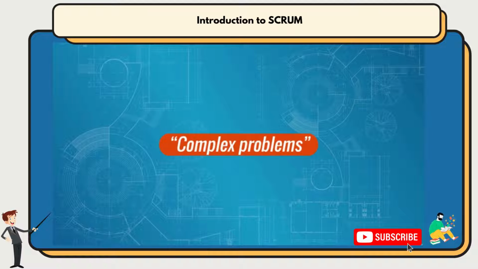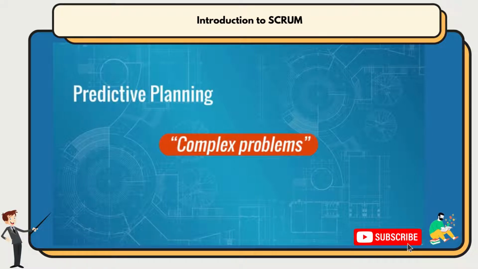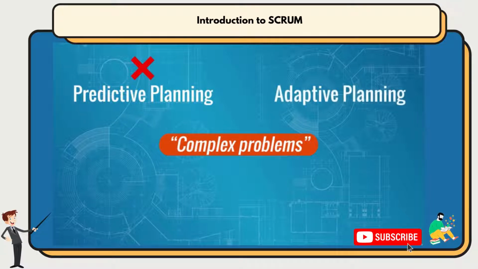This is why adopting the so-called predictive planning, where you try to predict and forecast everything in advance, as done in waterfall, is not going to be beneficial. Instead, the suggested way for complex environments would be to perform adaptive planning, where the plan is gradually developed and updated as the project progresses and uncertainties unveil.